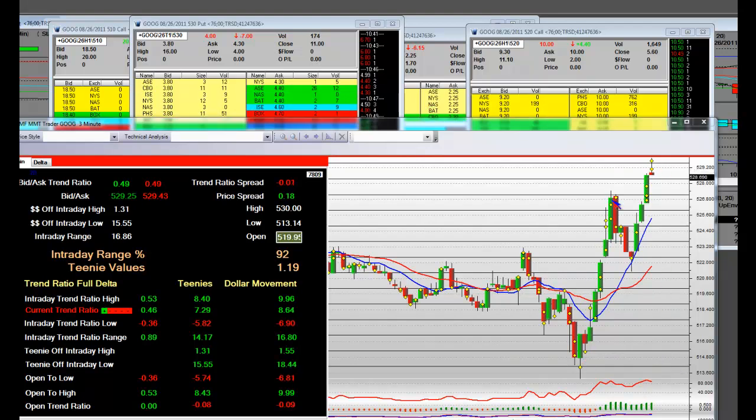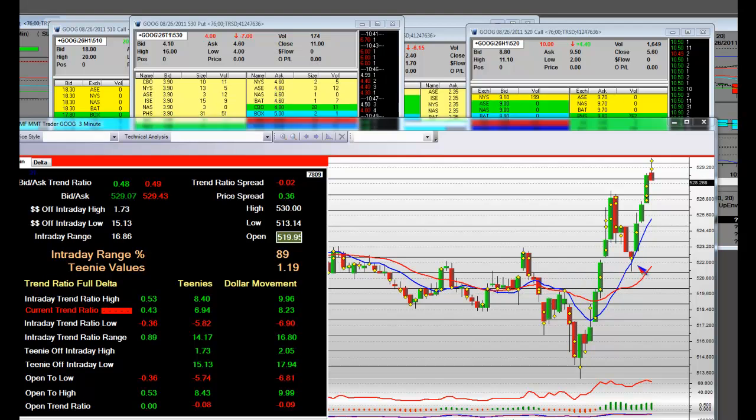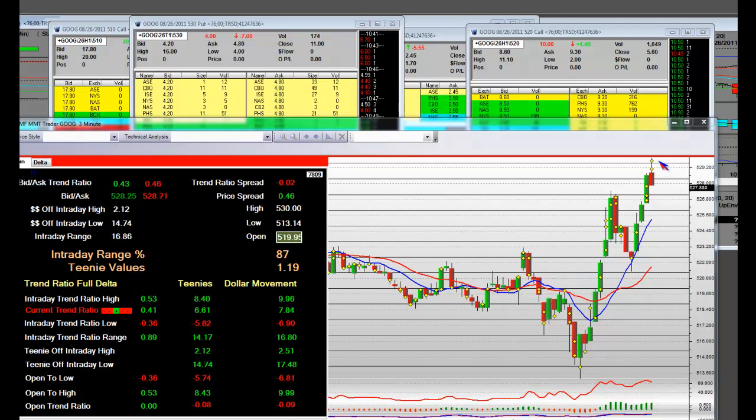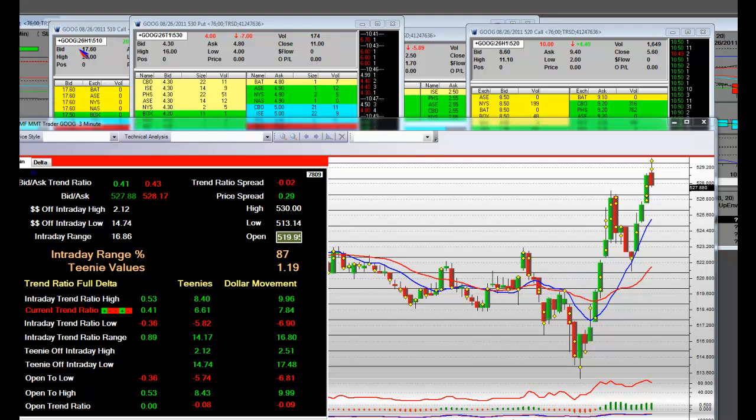Look at this expansion. Look at the pullback. Remember that we've only been open an hour and 20 minutes. And trading, both instruments have trades. The 510 calls are making all-time highs at $20.